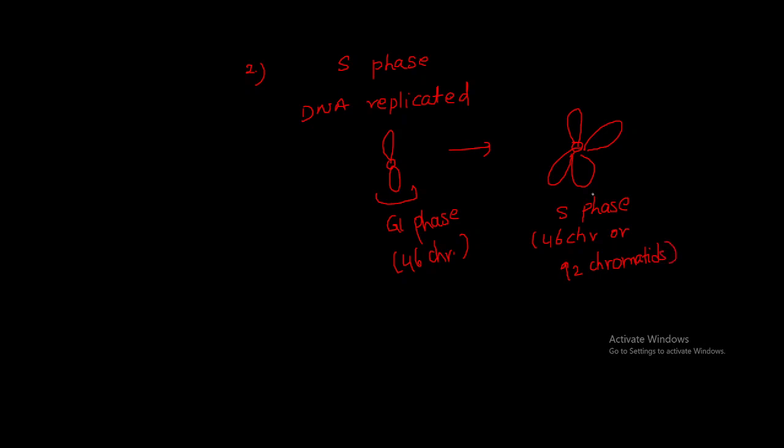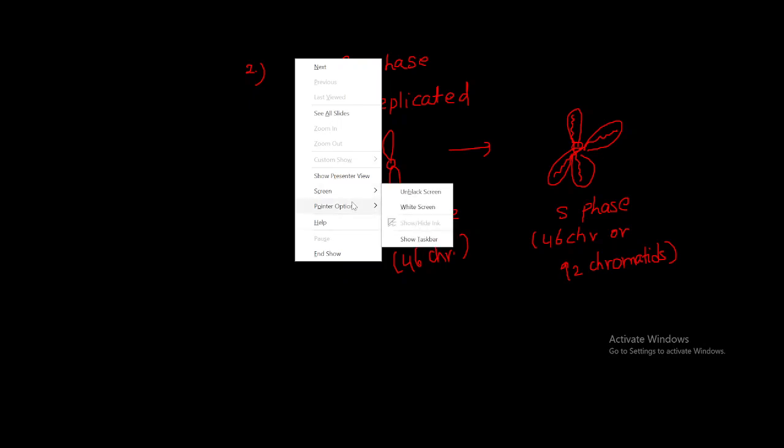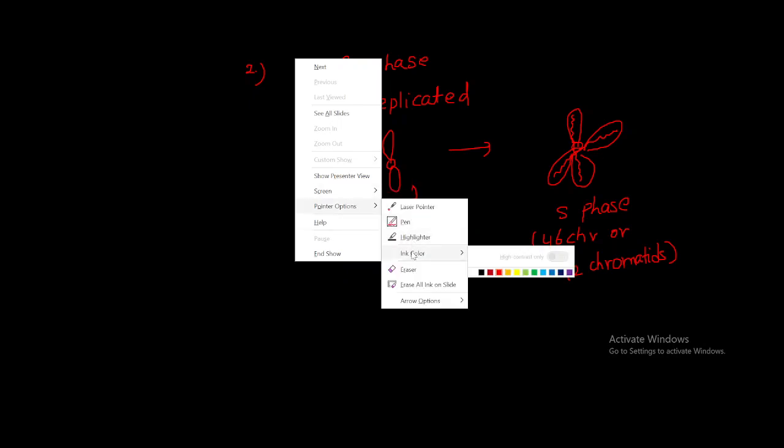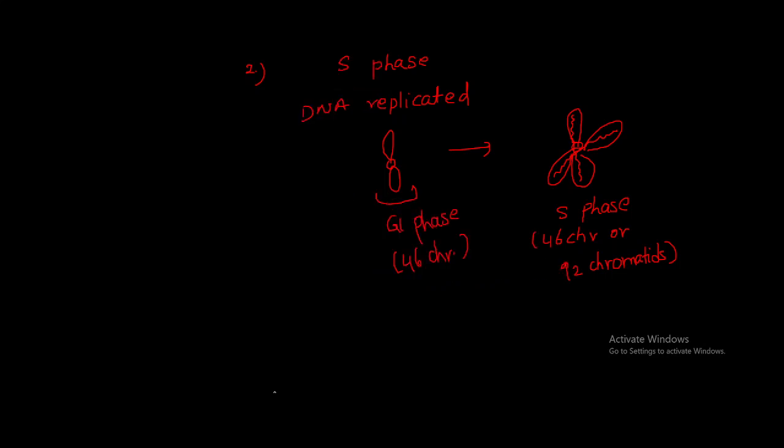And because DNA always replicates in the semi-conservative form, here there will be the old copy of DNA, and one is going to be, let's say, the new copy of DNA.